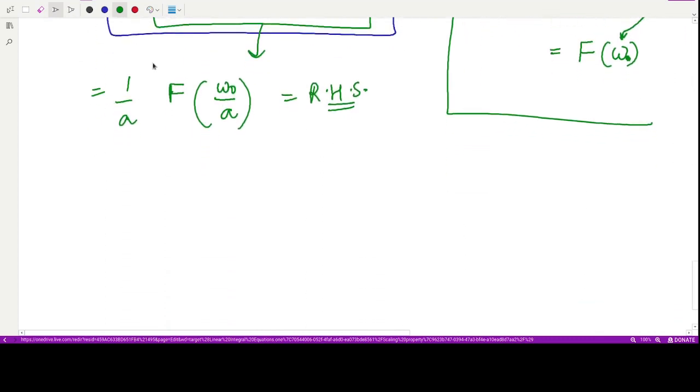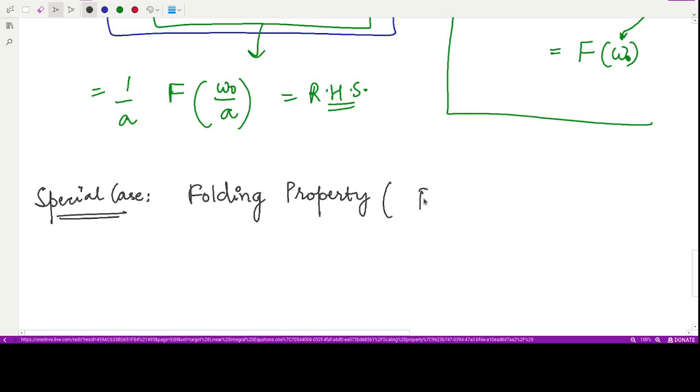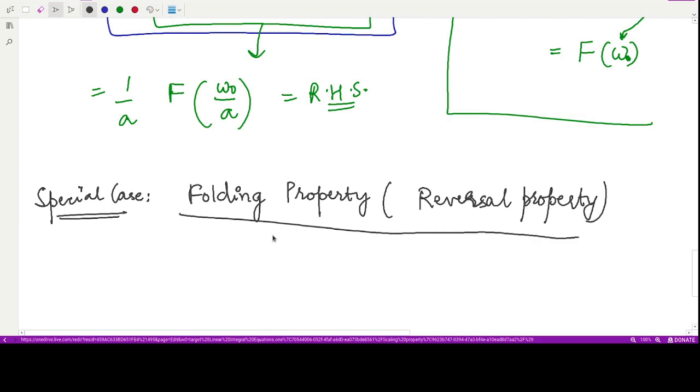Next, we also have one more property, which is a special case of this property. This property is known as the reversal or the folding property. This case is applicable whenever the constant a is equal to -1, right?